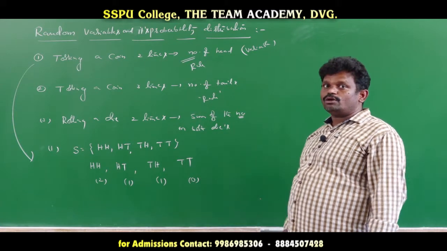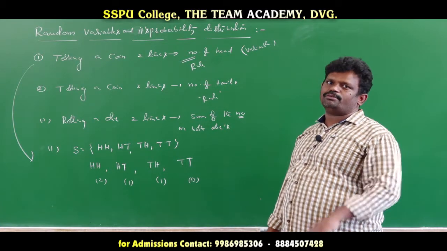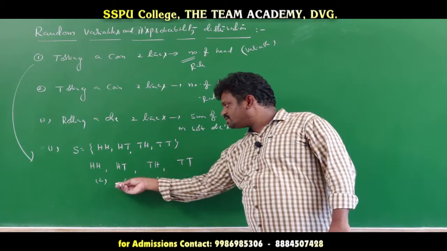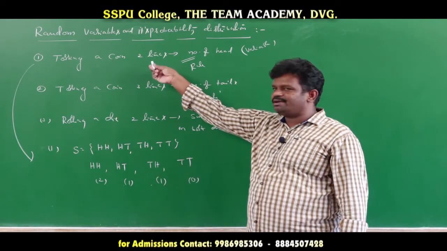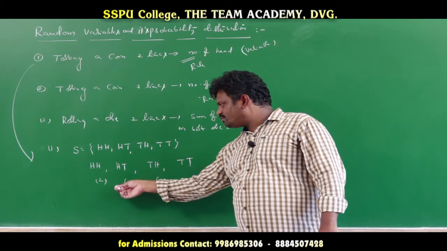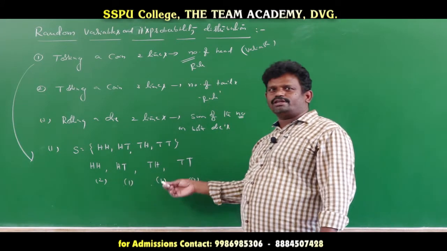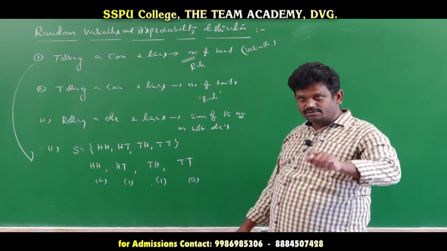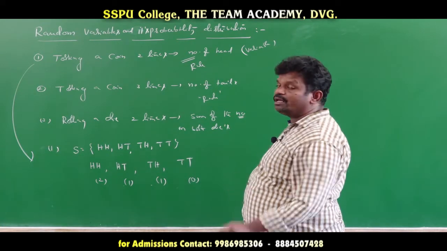Now this variable is also called by another name. These values depend on the random experiment. So the values of the outcomes depend on the random experiment. That's why this particular rule is said to be a random variable.